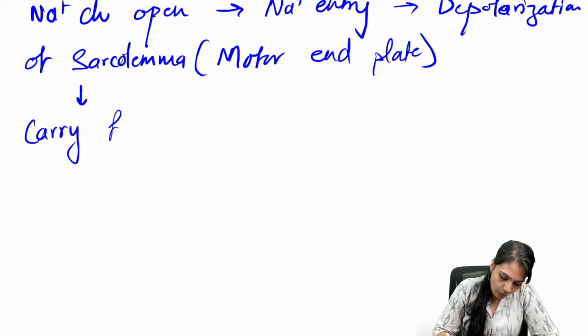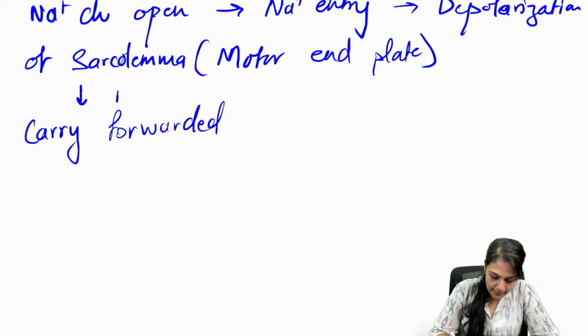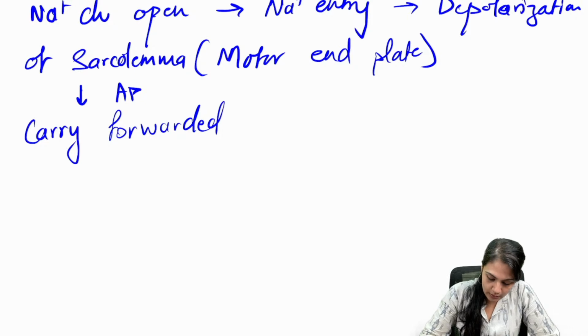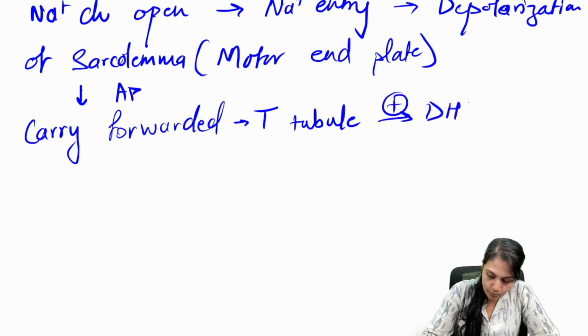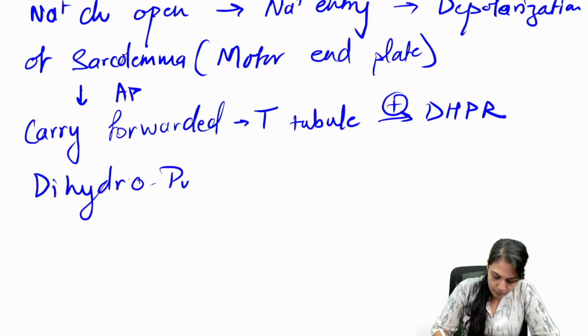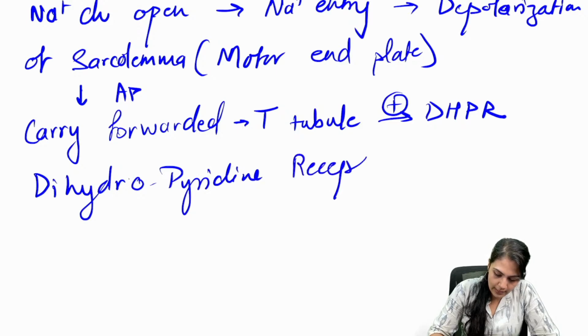The action potential will be carried forward, if the stimulus is adequate, towards the T tubule, until it stimulates the DHPR, that is dihydropyridine receptors.